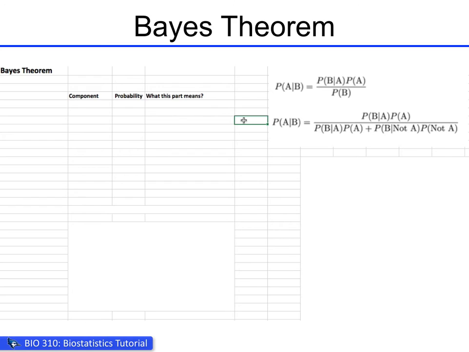And in this expanded version of Bayes' theorem, which I know looks a little bit scary because there are a lot of components to it, it actually has the same numerator. If you notice this probability BA, probability A, this is the same here. And there are a lot of components in the denominator here, but it's actually calculating the same thing. But the components that are being used are things that we're more likely to have access to.